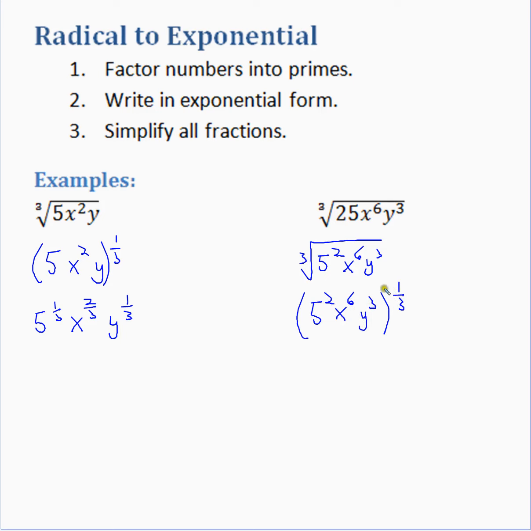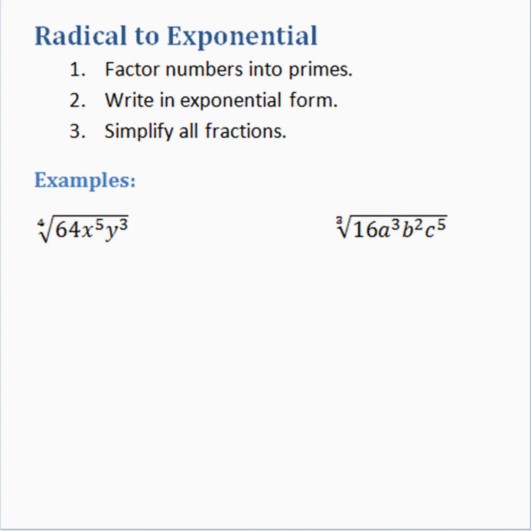Now we're going to use the power of a product property, and we get 5 to the 2/3, x to the 6/3, and y to the 3/3. Now some of these can be reduced. We can't do anything with 5 to the 2/3, so we leave it. But 6 over 3 is 2, so we just have x squared. And 3 over 3 is 1, so y to the first, or just y. And that's how we simplify those.